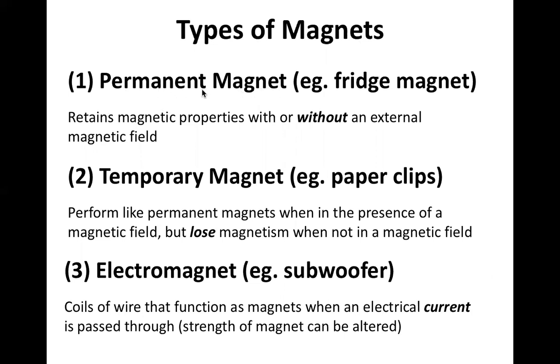So we could have a natural magnet that's a permanent magnet, something mined that's permanently magnetic, or we could create a bar magnet, for example, that's permanently magnetic. So a fridge magnet is permanently magnetic. It retains magnetic properties with or without an external magnetic field. Temporary magnets, so paper clips, perform like a permanent magnet only when there is a magnetic field around. So they lose their magnetism when there's not a magnetic field.